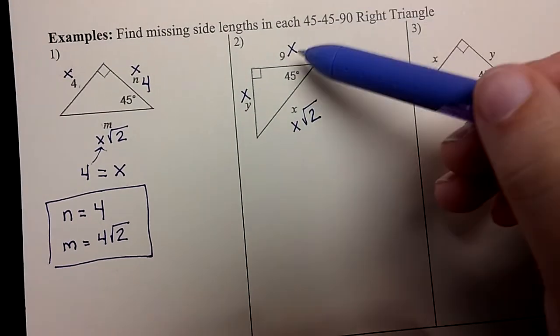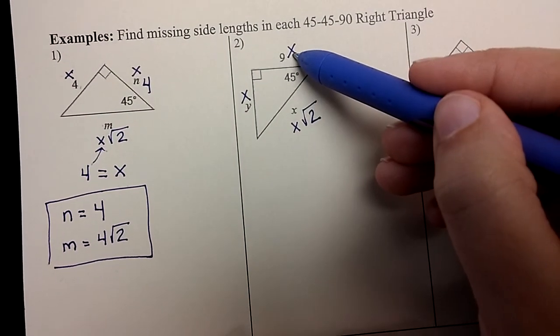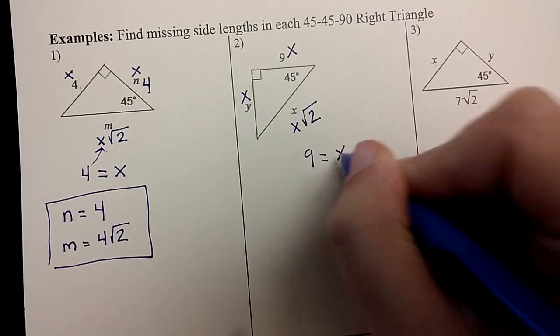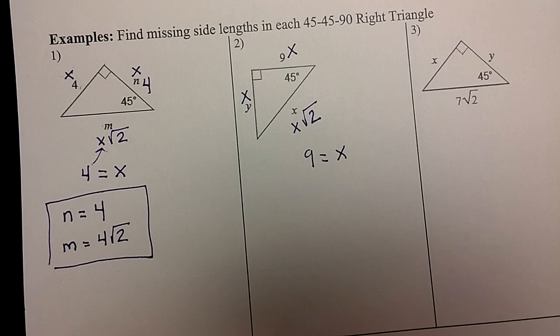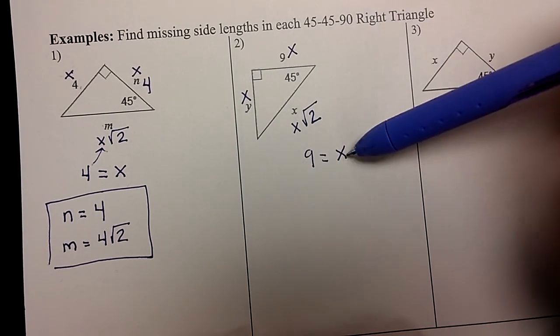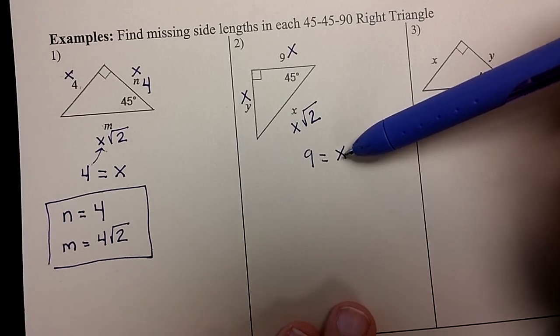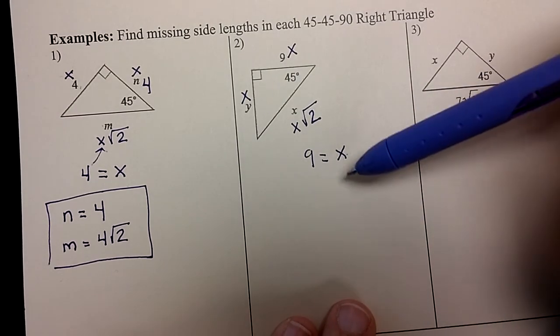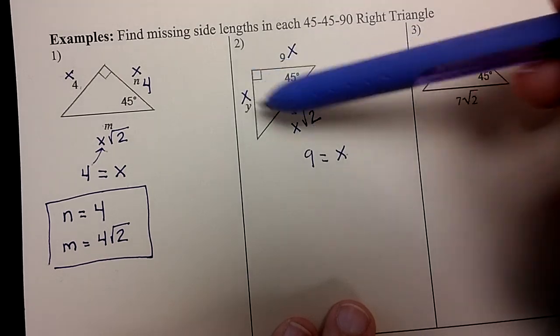In this case, the given side, 9, set it equal to the label x. So 9 equals x. Step 3 says to solve for x. In this case, we don't have to. X is already by itself. And step 4, plug in x to the other side lengths.